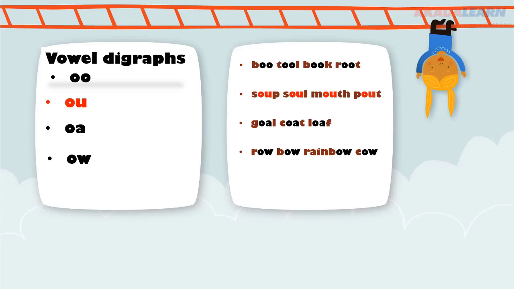So the first word, R-O-W, that spells row, like in row, row, row your boat. Okay, so this is how you spell row. But in the second word, B-O-W, that is bow, like when you bow down. Okay, let's look at another O sound.